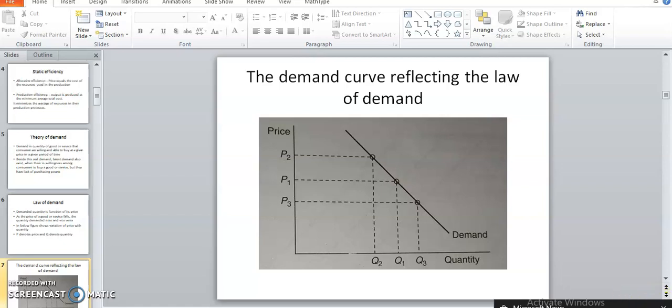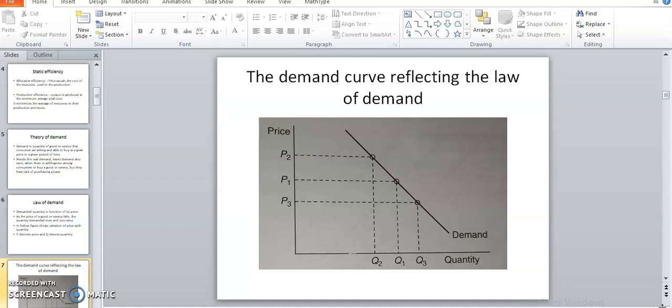In this demand line, we have prices P1, P2, and P3, and quantities Q1, Q2, Q3. For price P1, there is quantity Q1. For price P2, there is quantity Q2. And for price P3, there is quantity Q3.